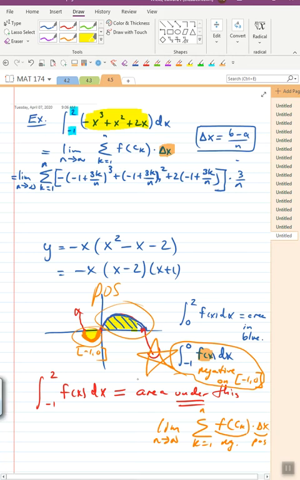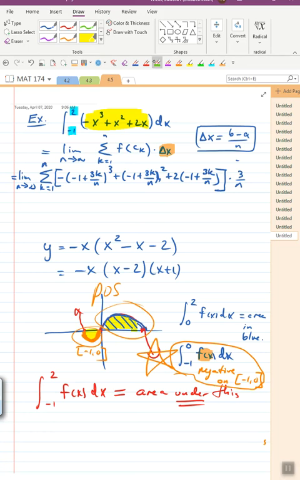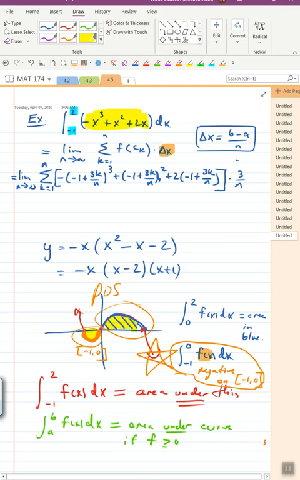Meaning, what we've been saying all along about integrals being areas under curves, that's really only true if the function is positive, right? Let's just make a note of that. We're saying the definite integral of a function is area, let's say, under a curve if f is positive or non-negative, let's say, on that interval.